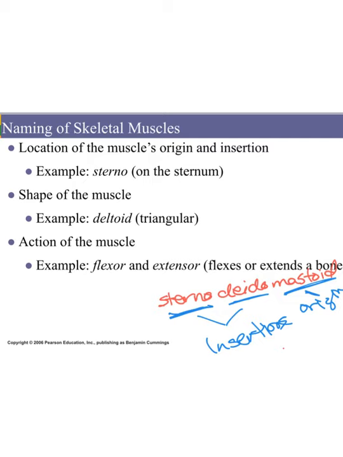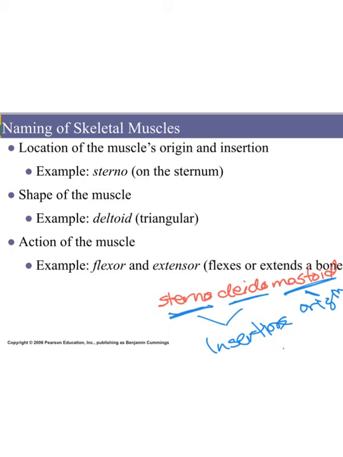The deltoid muscle is an example of another way that muscles are named. Sometimes they're named for their shape. So the deltoid obviously looks like a delta, right? Three-sided triangular shape. And then there's another one called the trapezius. And the trapezius obviously has a shape kind of like a trapezoid, right?